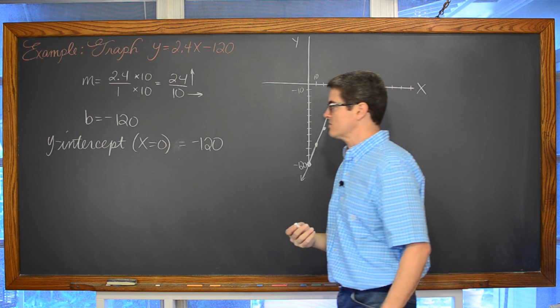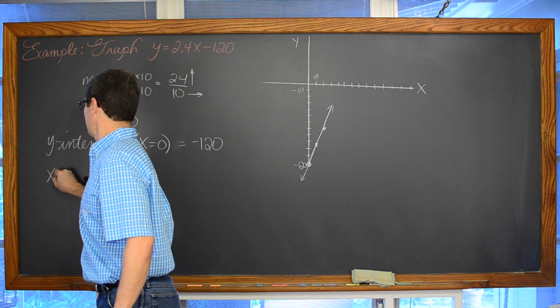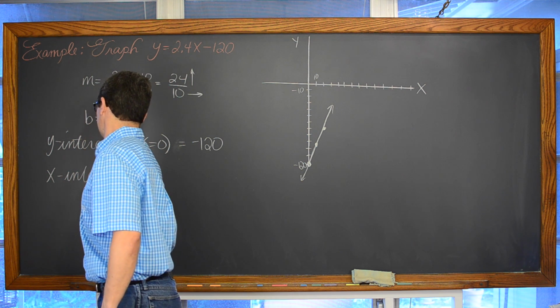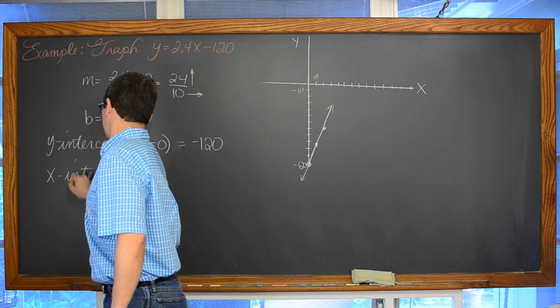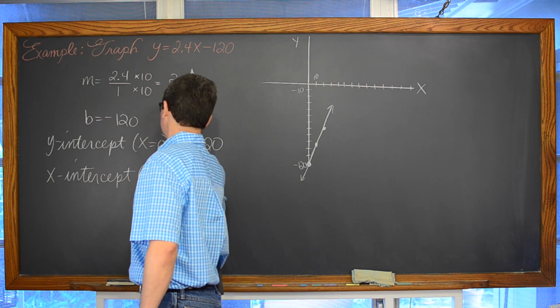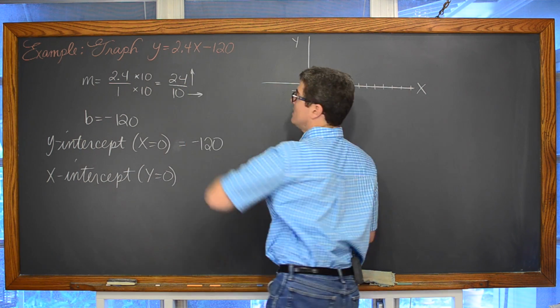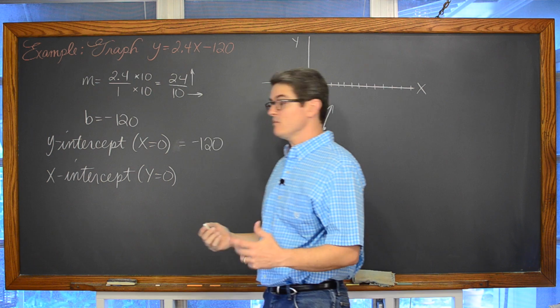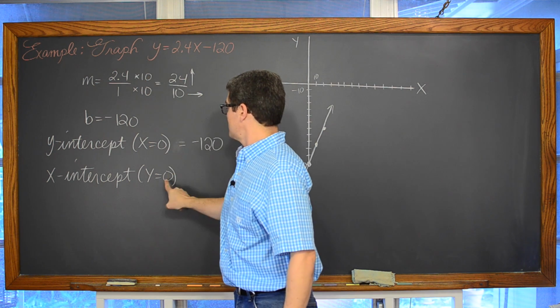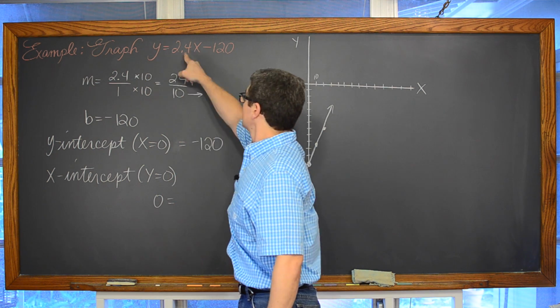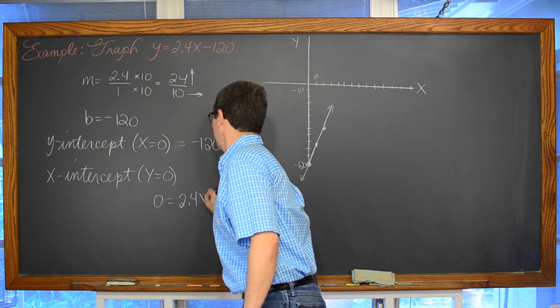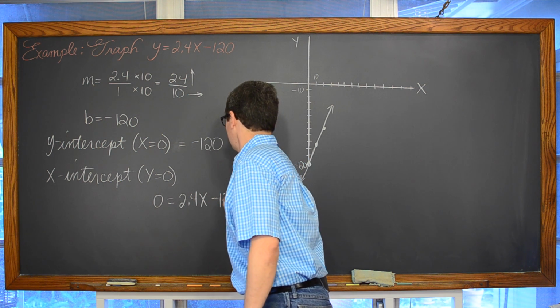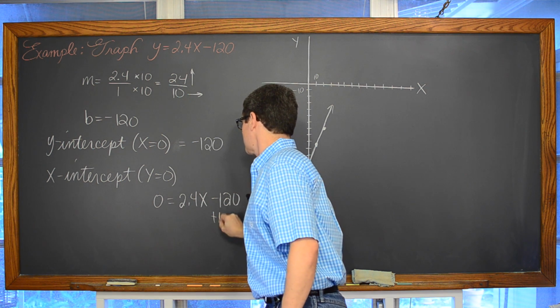So let's find the x-intercept. The x-intercept is when y is equal to 0, and so we're going to take our equation and set y equal to 0. 0 equals 2.4x minus 120. We're going to add 120 to both sides.